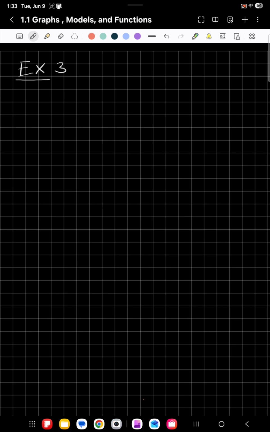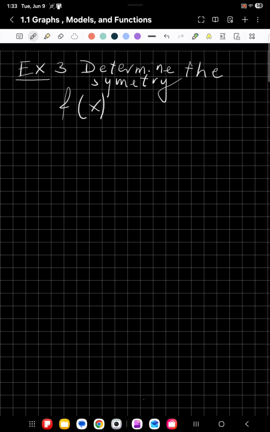Determine the symmetry. Okay, so the function that we will try to analyze is the one we just saw, x cubed minus 4x.